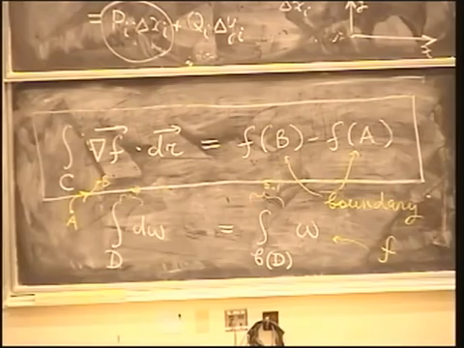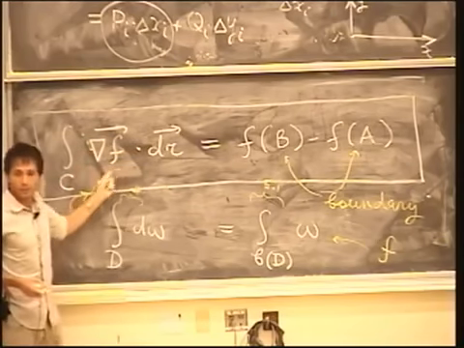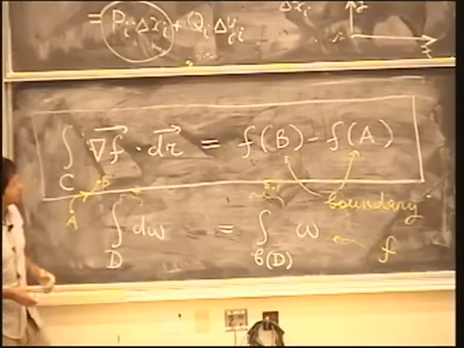A vector field F is called conservative if it can be written as nabla f, as the gradient of some function. Not all vector fields are like this. But at this moment, we focus just on the conservative vector fields, which have this shape, nabla f. In this case, the line integral will look like this, because we just put this nabla f in the formula.